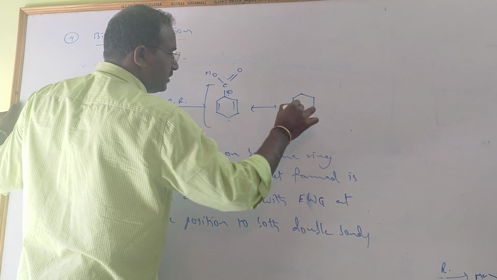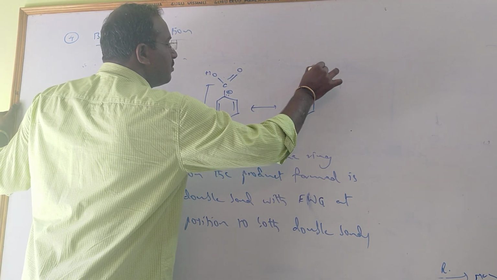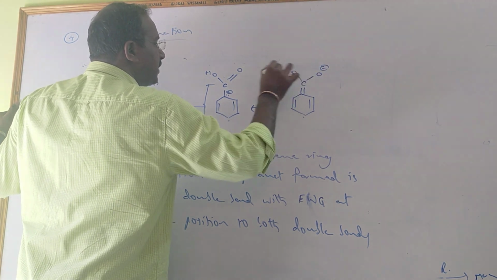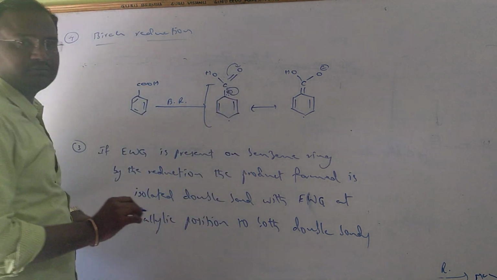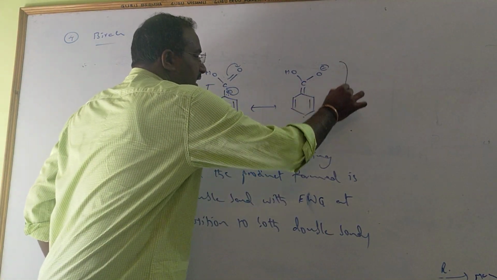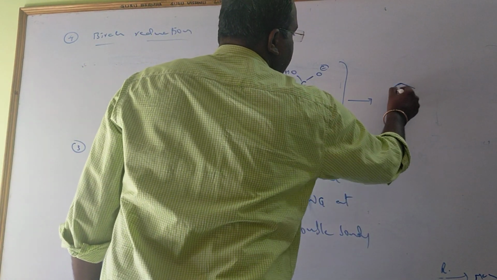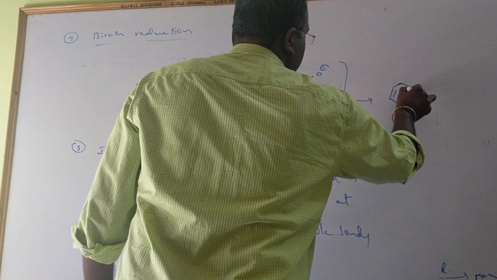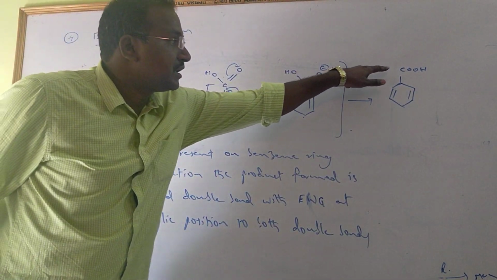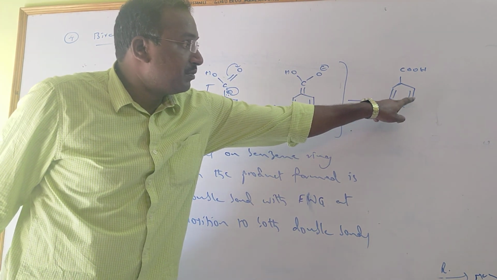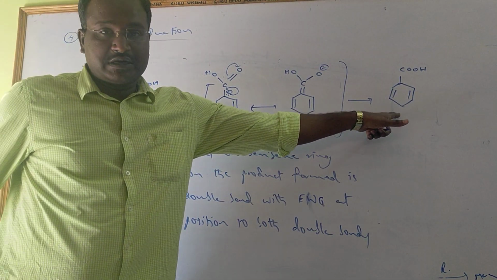So benzene ring, double bonds, radical, and double bond C, O minus OH. By shifting of this one here, forming this minus, here a double bond. So like this it forms, and then it gives a product: benzene ring, double bond, and COOH. The electron withdrawing group is present at the allylic position to this double bond. Like this, if an electron withdrawing group is there, we get the product like this.